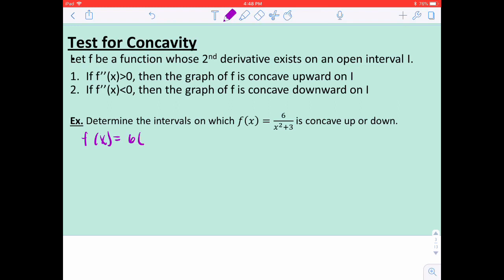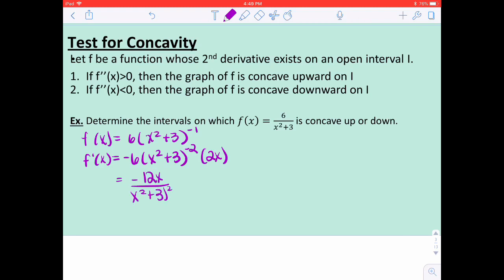I'm going to rewrite this so it's easier to differentiate: 6 times x squared plus 3 to the -1, since I'm moving it. Okay, so now I'm going to take the derivative, which is -6 times x squared plus 3 to the -2 times 2x. We can simplify this to -12x over x squared plus 3 squared.